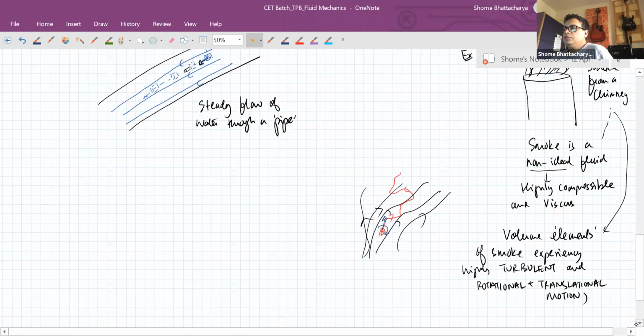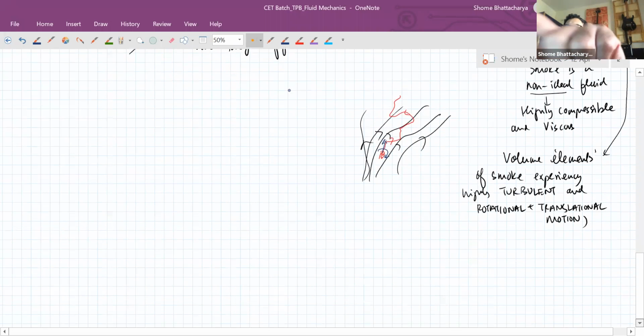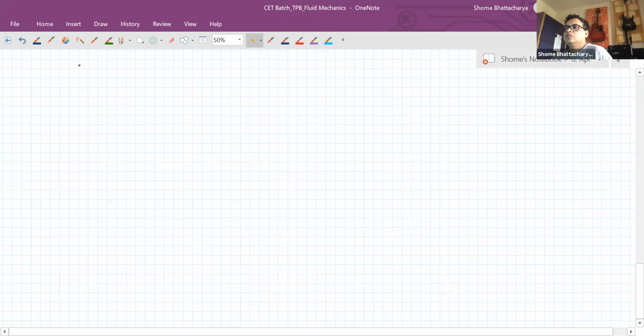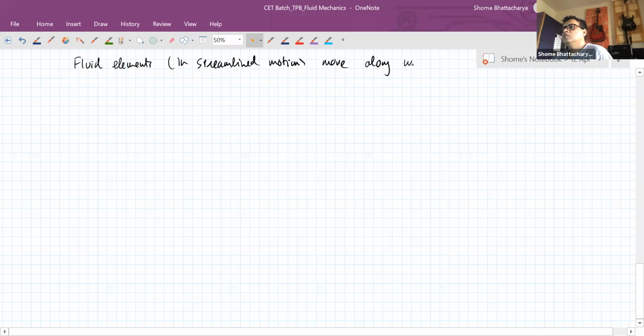Okay, now the third and final property of steady flow or streamline motion was that fluid elements in streamline motion move along well defined and fixed paths called streamlines.